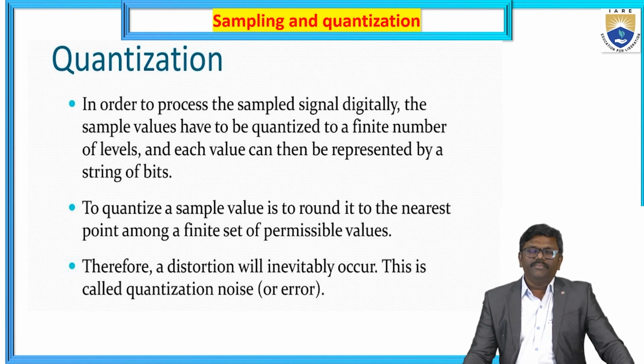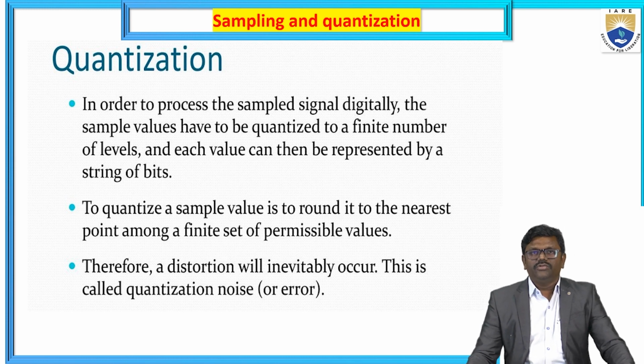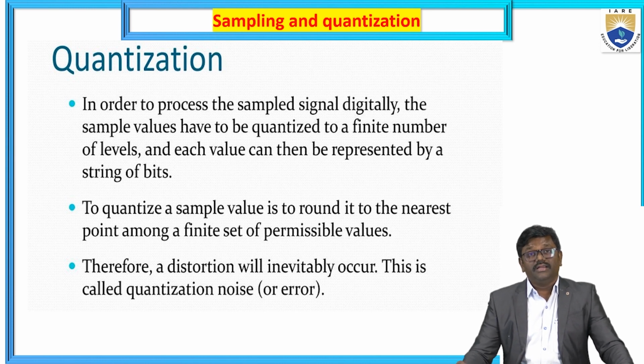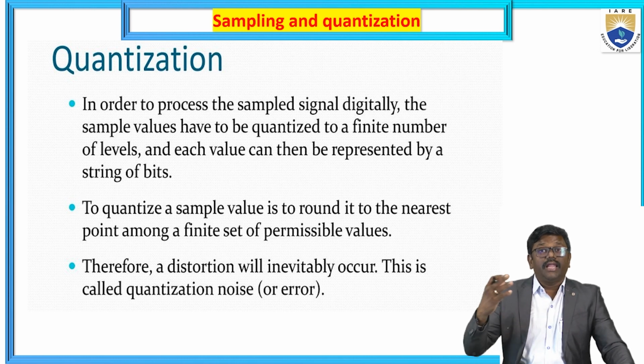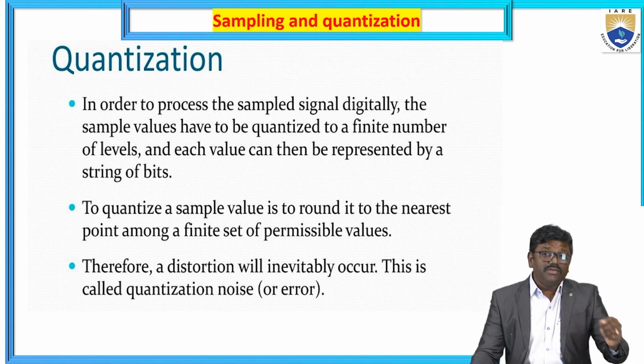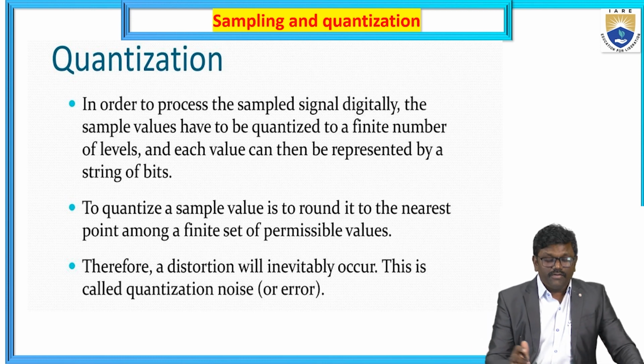Now coming to the important part of our conversion of analog to digital, the second part is quantization. In order to process the sampled signal digitally, the sample values have to be quantized to a finite number of levels, and each value can be represented as a string of bits.